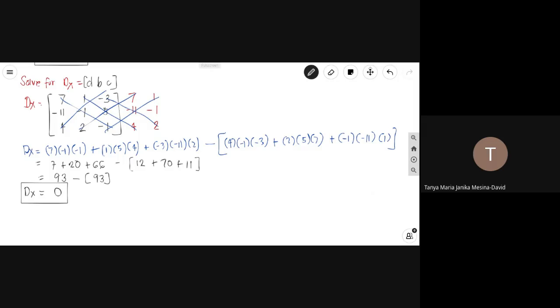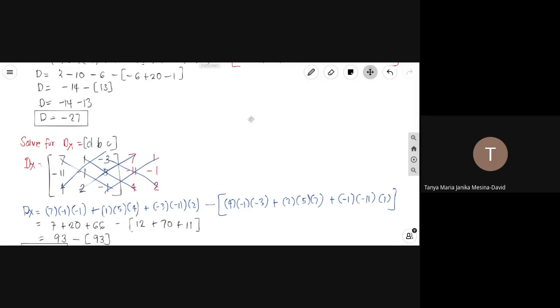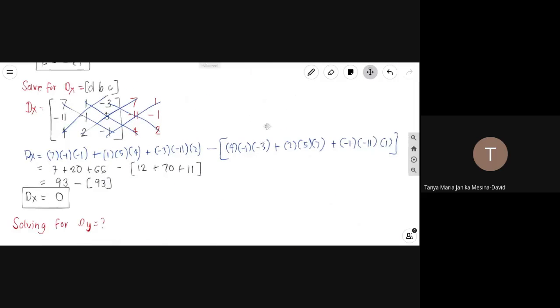Now we'll do the same process again, and this time for Dy. Since we're now solving for Dy, we will cover the coefficient for y, which is B, and then replace the numbers in B by the numbers in D. So what will be our pattern?